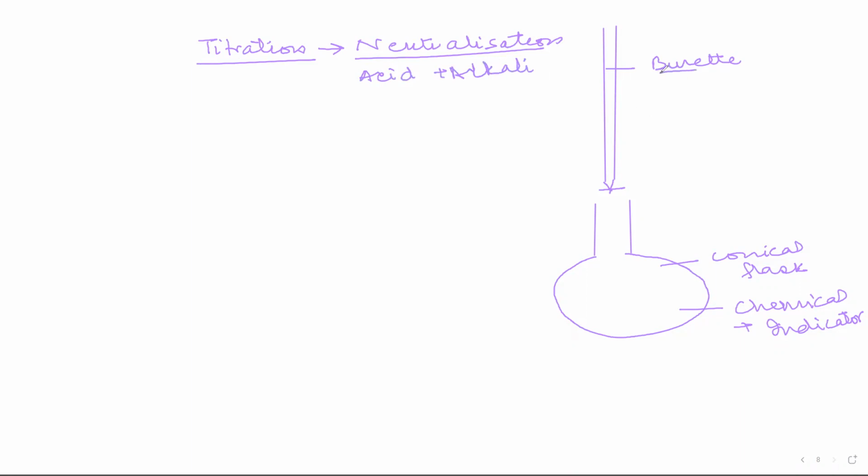So we can have in the burette either an acid or an alkali, and in reverse, similarly, if we are taking an alkali in this, the reverse chemical, that means the acid, will be there in the conical flask, and we are going to measure this chemical which we are going to have in the conical flask, or it can basically be the beaker.